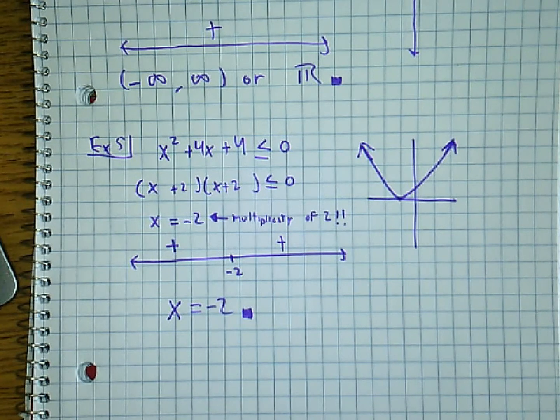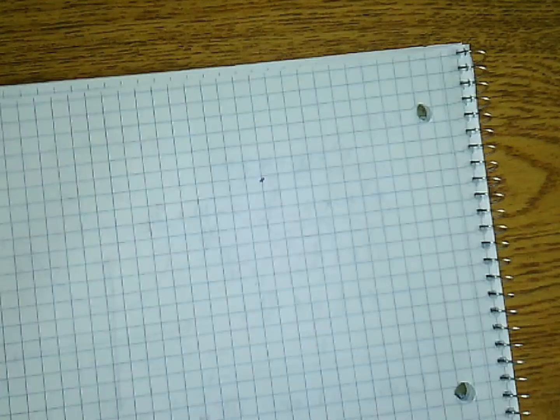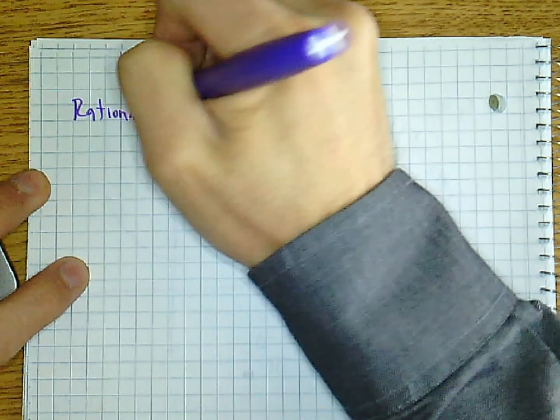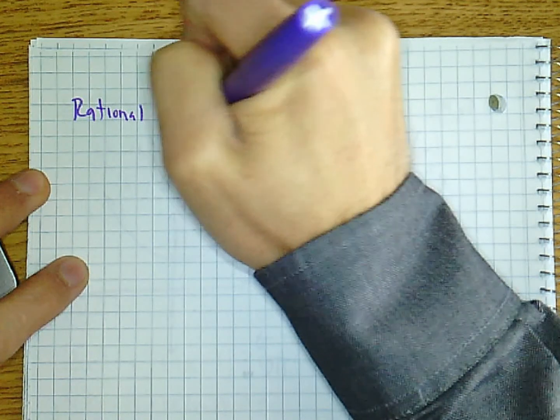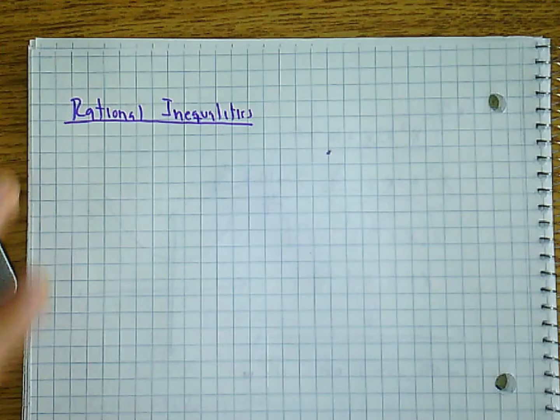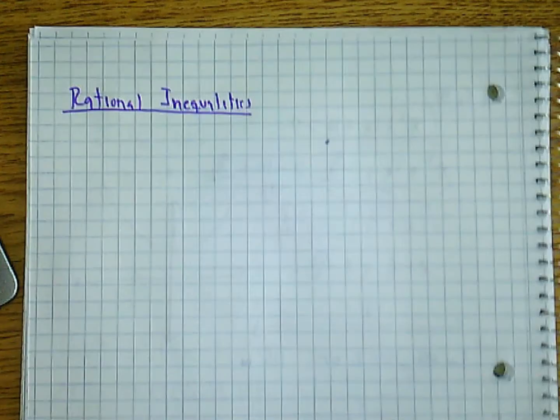So now we're going to go ahead and move on to rational functions. All right, so for rational inequalities, we're going to set up, again, a set of steps to follow.